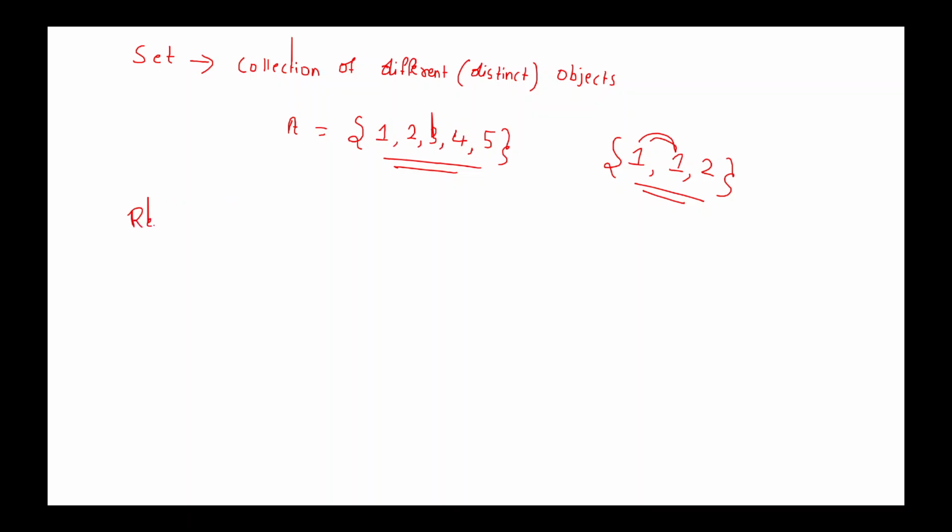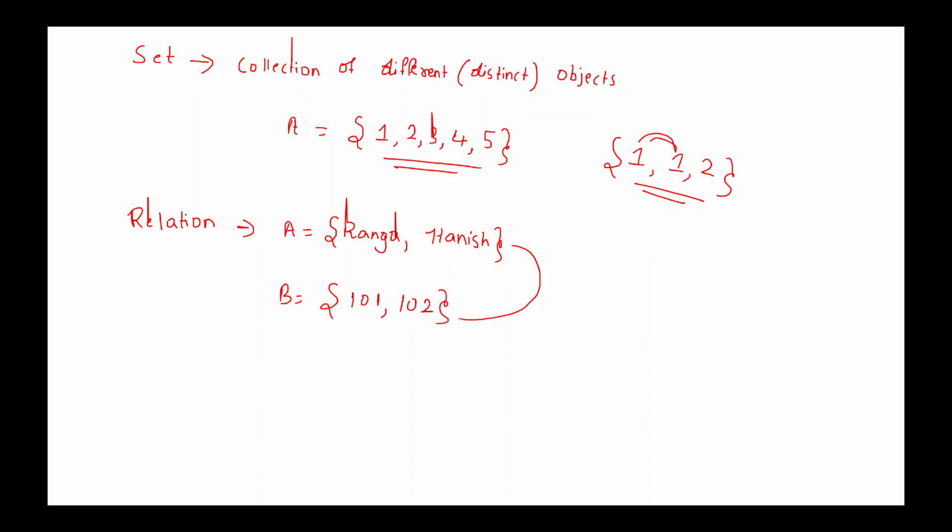Now let's understand what a relation is. So if I have two sets, like A is Ranga and B is Anish, let's say, and I have one more set which is the roll numbers of both. Now, if I want to relate these two sets, I can do it like this.